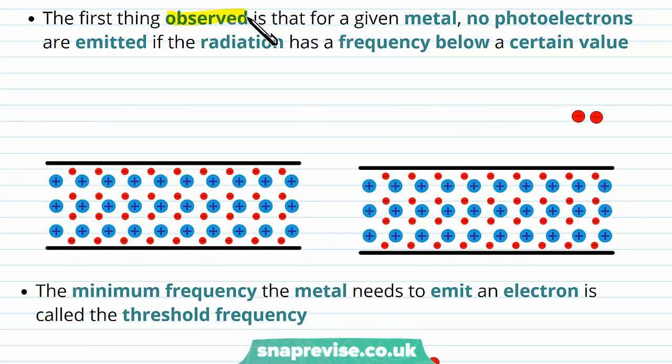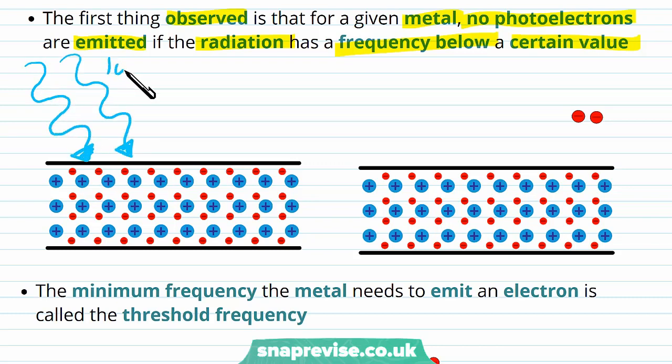So the first thing observed is that for a given metal, no photoelectrons are emitted if the radiation has a frequency below a certain value. So for example, if light of a lower frequency was incident on this metal, and light of a higher frequency above this certain value, then photoelectrons are emitted.